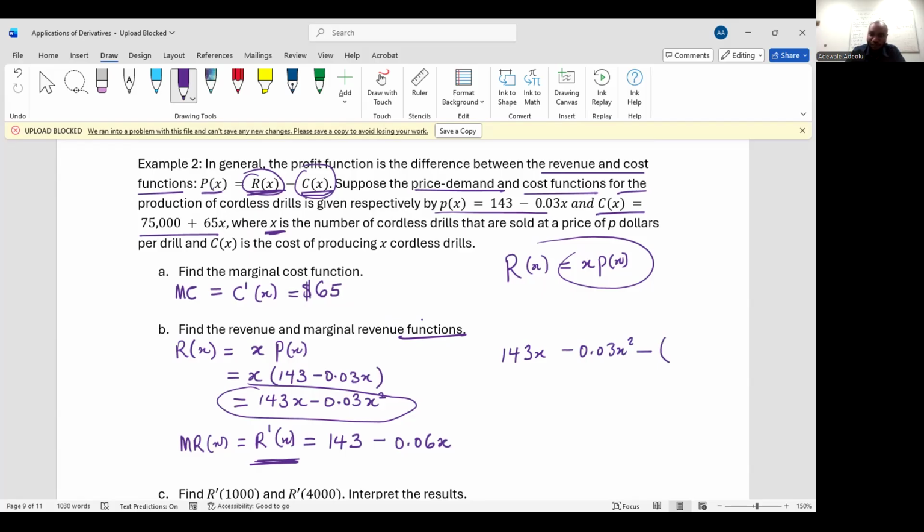So what is C of X? C of X is 75000 plus 65X.